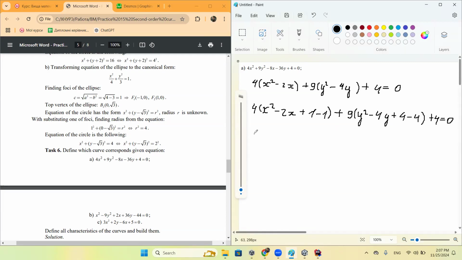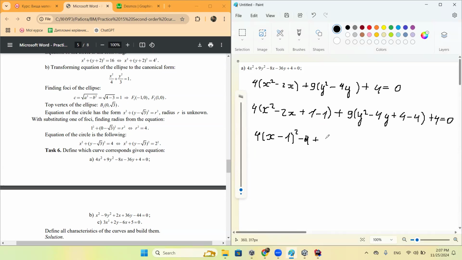So 4 times x minus 1 in power of 2 minus 4. I moved this minus 1 out of brackets.